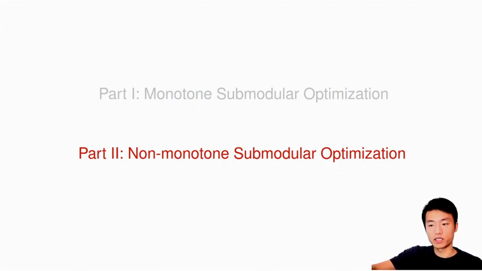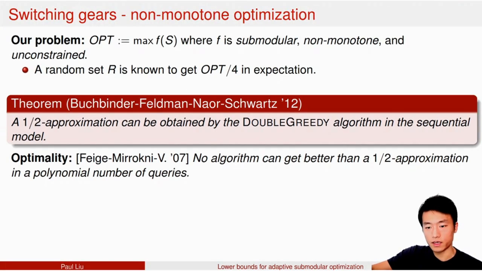Now let's switch gears for a bit and talk about the unconstrained non-monotone case. So in this case, we're considering f as a submodular function, but it is non-monotone, which means as we add elements to our set, the value of f may actually decrease.